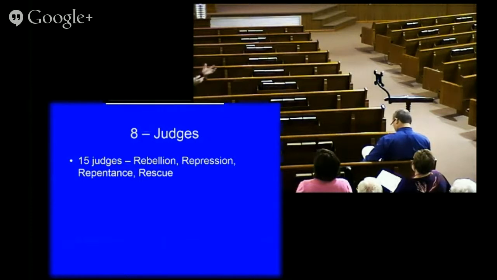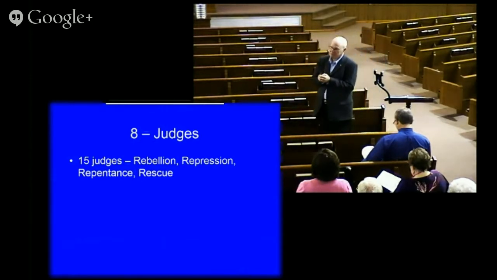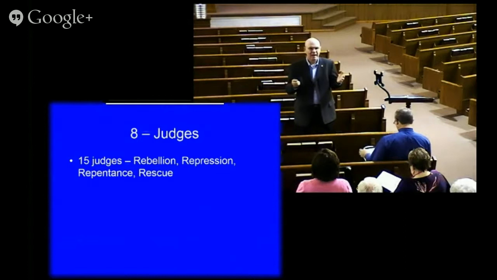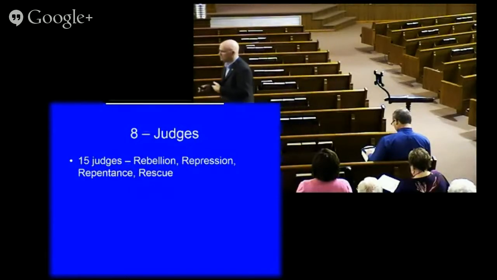Repression. Foreign enemies come in, and they give them a hard time, from slavery or whatever. And then people in that condition say it's time to repent, turn back to God. So God raises up the judges to rescue them. So you have rebellion, repression, repentance, rescue.